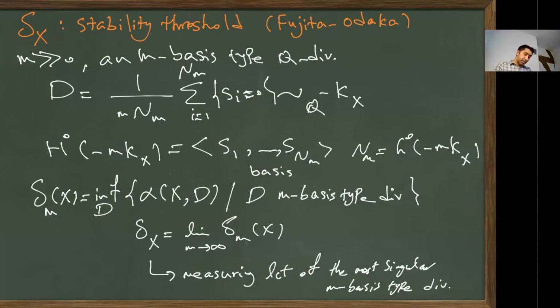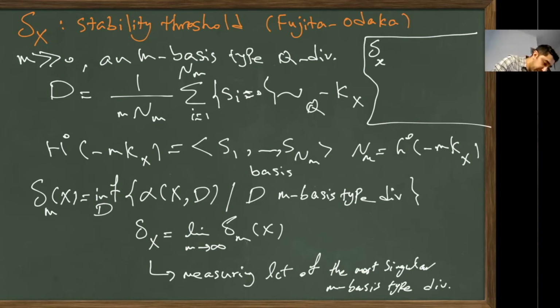You could also define it locally at any point X. So you could define delta X to be the same as above, and you take it to be similarly the infimum of all those things, but you're calculating the log canonical threshold at that point.